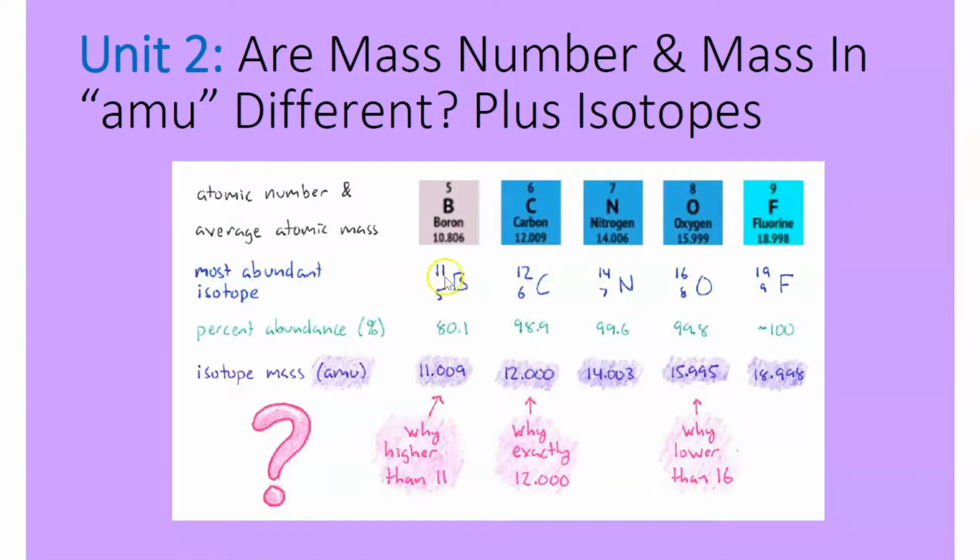The mass number, again, is protons plus neutrons. So 11, but here it's 11.009. Oxygen is 16 mass number, 8 protons, 8 neutrons. But the AMU is 15.995. I'm going to try to explain why that is the case.